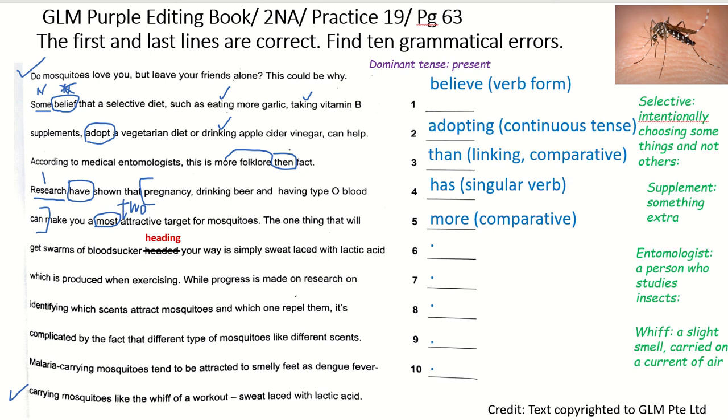All right, let's continue. The one thing that will get swarms of bloodsucker heading your way is simply sweat laced with lactic acid. So here I noticed that there's swarm, okay, and since there's swarm, this should be in plural form.